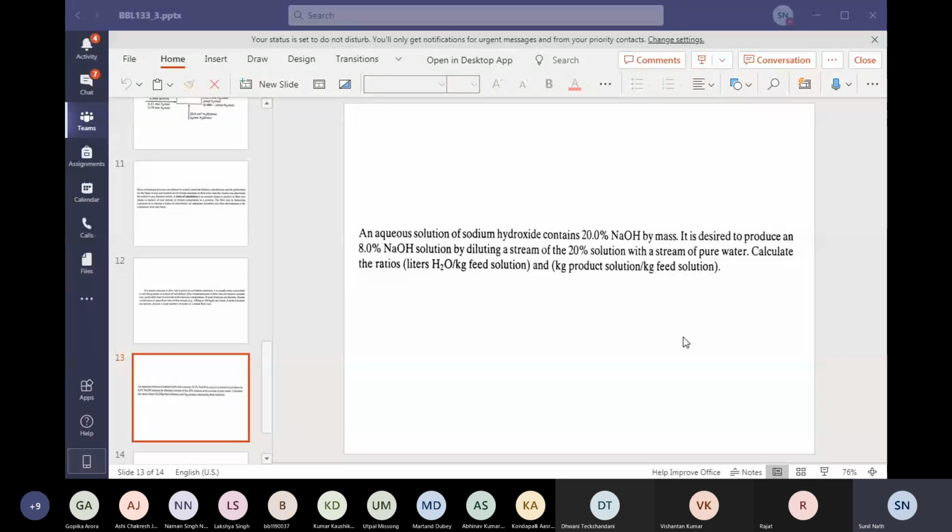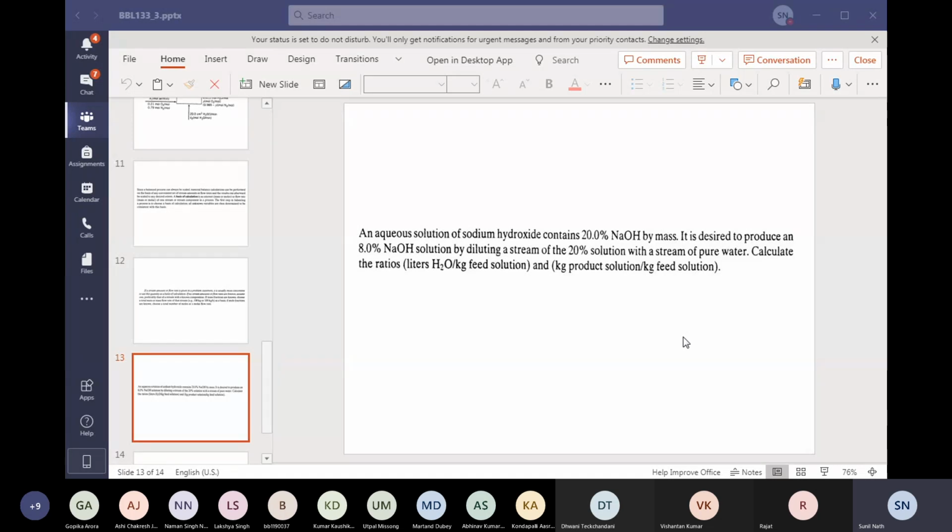However, input is equal to output would be the simple balance, because it is like a mixer. Just as you have in a lot of mixing units in a batch bioreactor, or like the cement mixer type of thing which you see in construction sites.